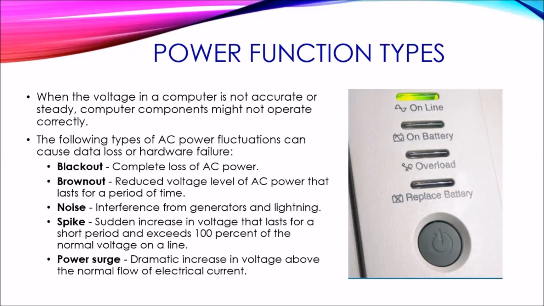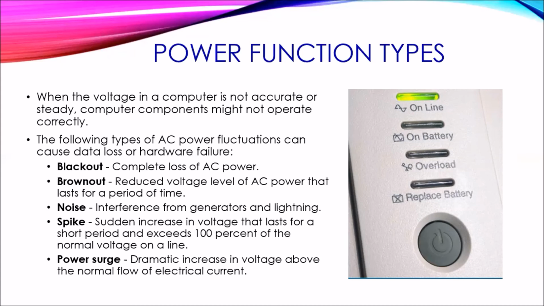Power fluctuation types. When the power voltage in a computer system is not accurate or steady, computer components might not operate correctly. The following types of AC power fluctuations can cause data loss or hardware failure. Blackout, complete loss of AC power. Brownout, reduced voltage level of AC power that lasts for a period of time.